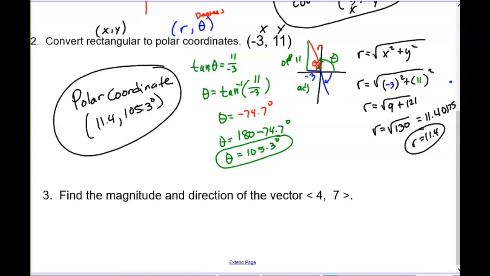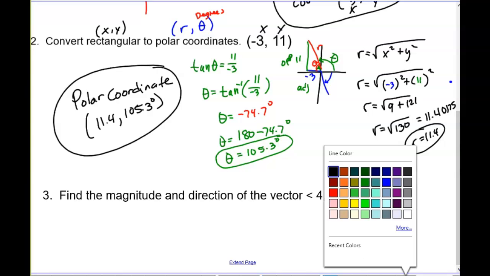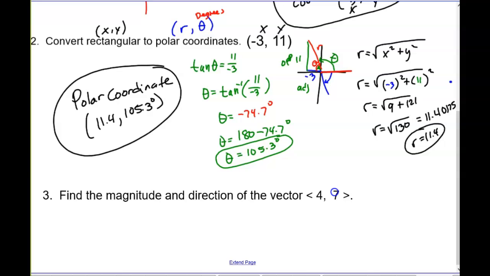Let me see if I can, I'm not sure if it's going to work the way I want it to. But I'd have to have a radius of 11.4, and I'd have to rotate this 105.3 degrees. And is that right where my picture is? That's the polar coordinate that matches with the point negative 3, 11.